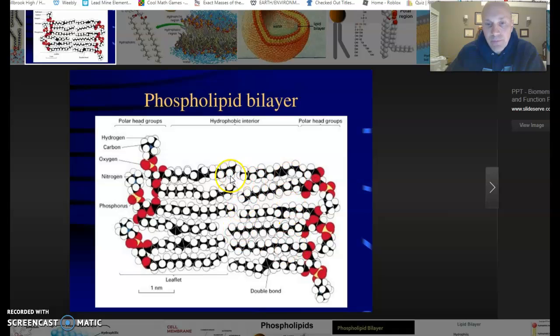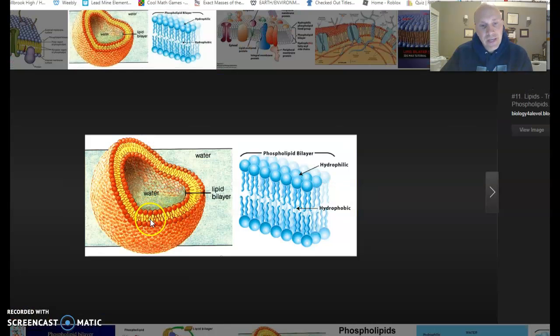All right, so this is what is eventually going to make up the cell membrane. All right, because this thing can eventually circle around, and it can essentially make a barrier between a water environment on the outside of a cell or a virus and the water environment on the inside of the cell.